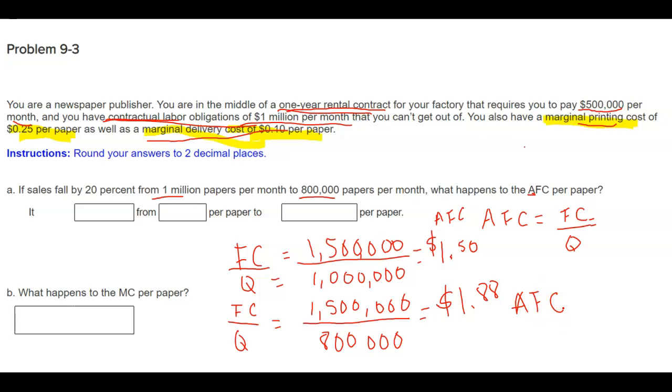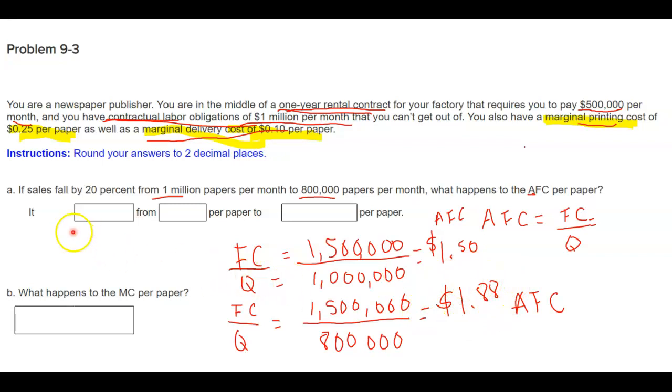The question is, if sales drop by 20% from 1 million papers per month to 800,000 papers per month, what happens to average fixed cost per paper? And so we see here, average fixed cost goes from $1.50 and it increases to $1.88.